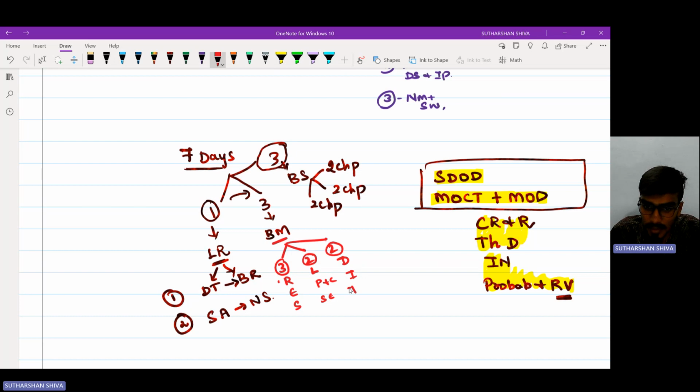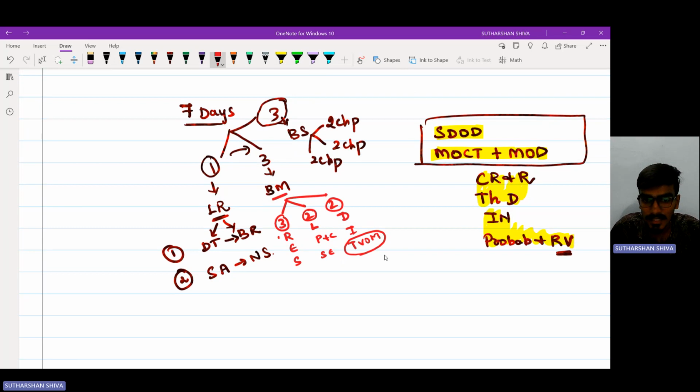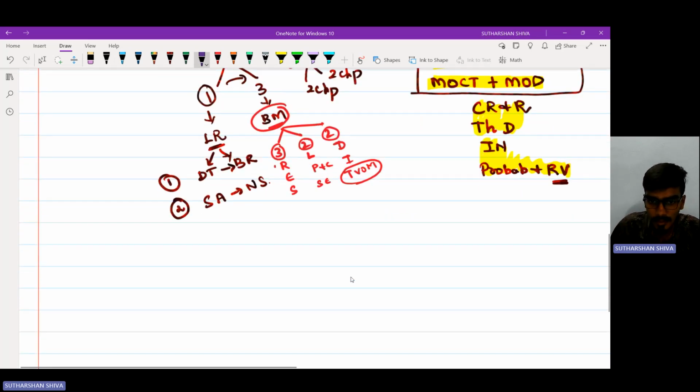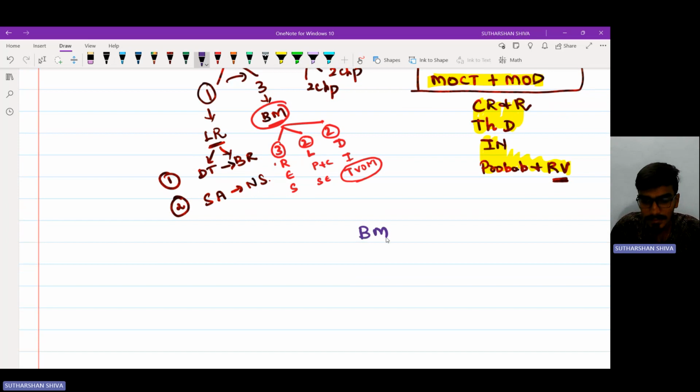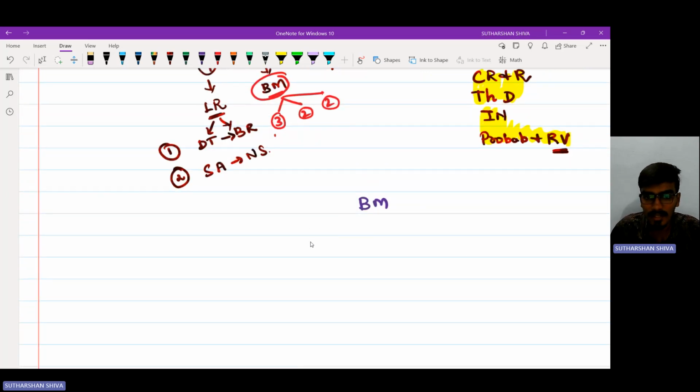And the most important thing is time value of money. I forgot to tell, because time value of money is the most important thing in business mathematics. As far as this chapter, business mathematics, you should follow an order. I will give you a proper plan on how these 3 days will be bifurcated.